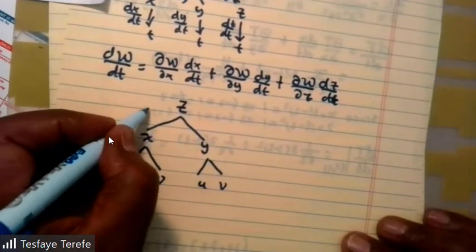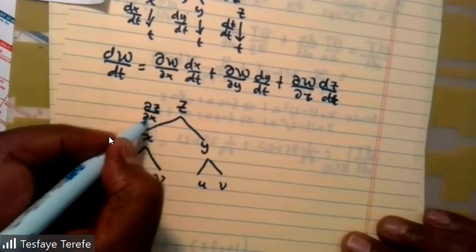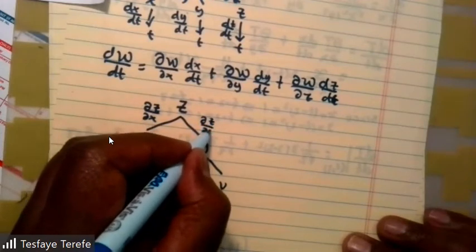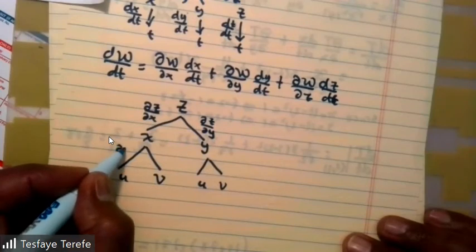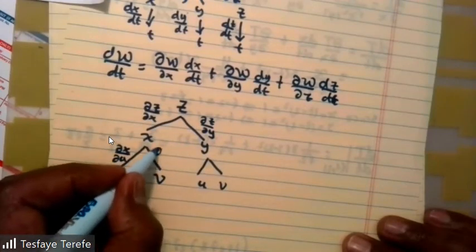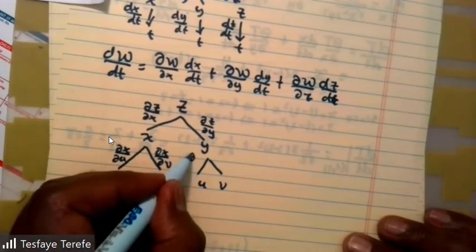When you have multiple variables, you do partial derivative, delta z delta x, and delta z delta y. And x is a function of 2 variables as well, delta x delta u. And when you differentiate x with respect to v, delta x delta v, likewise y.